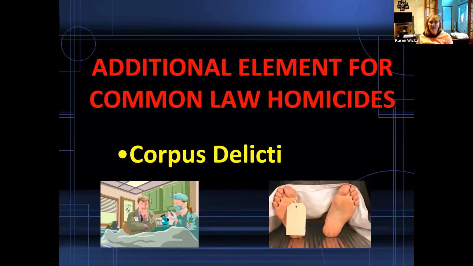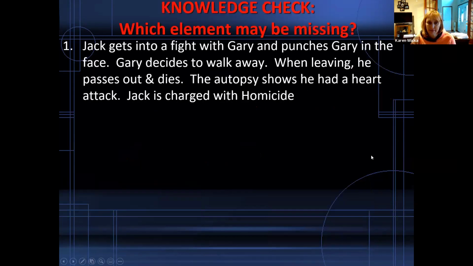So a lot of people think corpus delicti means body. It really doesn't. It means you have to prove all of the elements of the crime, the body of the crime. Every element on our wheel has to be proven. That's corpus delicti. But with homicides, one of those elements is death, and you generally have to have a body in order to prove that element.